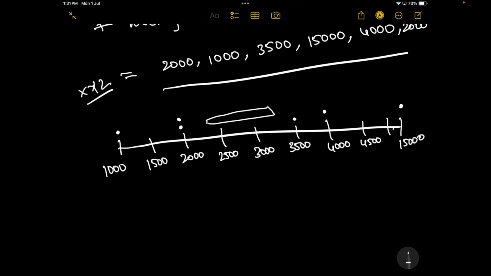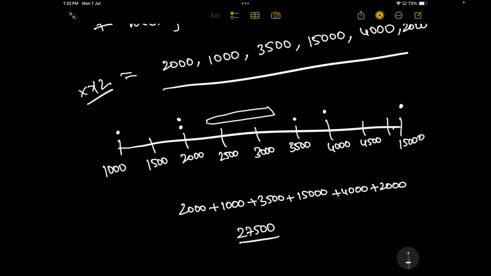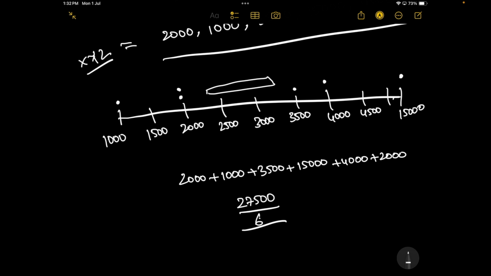But if you take an average out of this, for example, 2000 plus 1000 plus 3500 plus 15,000 plus 4000 plus 2000, if you add like that, 3000, 6500, 21,500, 25,500, and 27,500. 27,500 divided by 6, that is 4583.